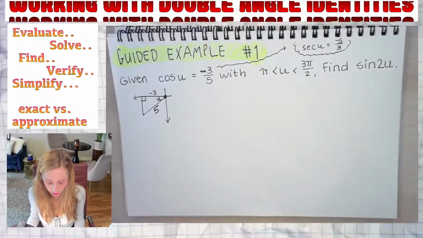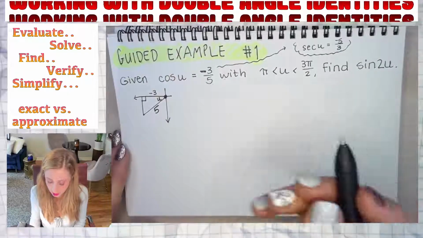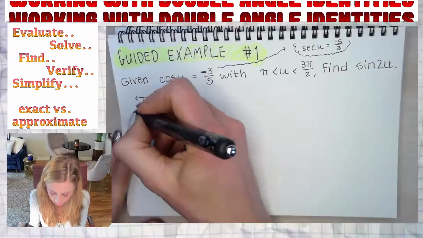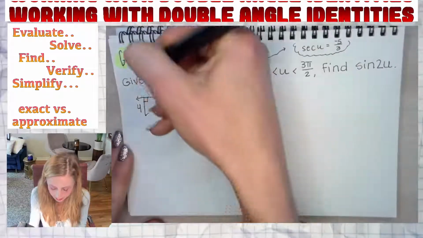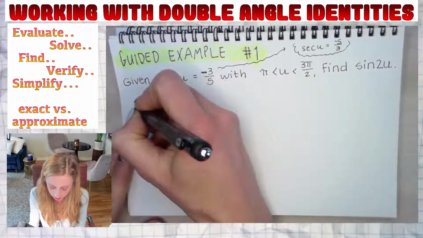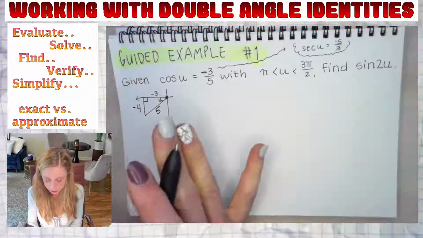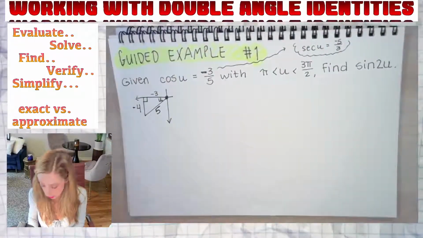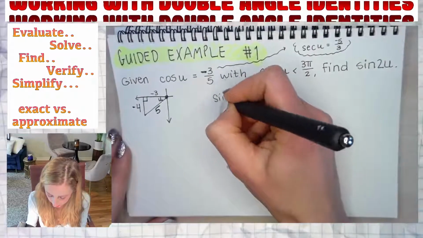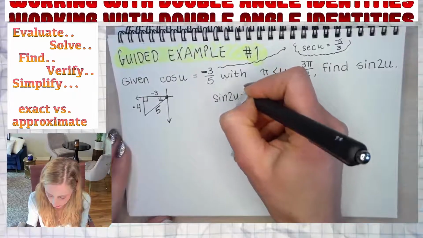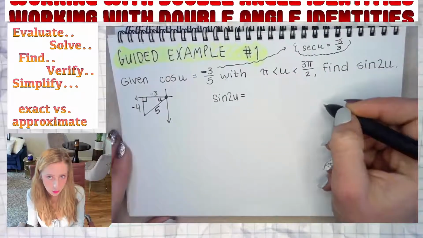Just make sure you're careful and don't make any silly mistakes. But I'm going to save time because I know it's a Pythagorean triple. It's a 3, 4, 5 triangle. And since I'm going down in the y direction, that has to be a -4. So now I have a good solid reference triangle. Find sine 2u. Sine of 2u. That doesn't mean we find the sine of u and double it.